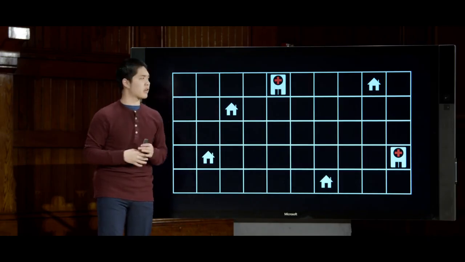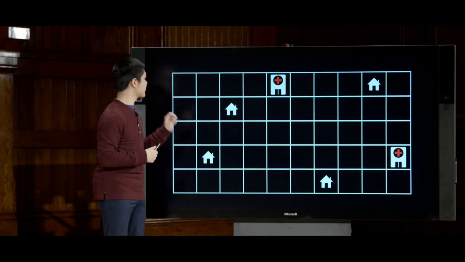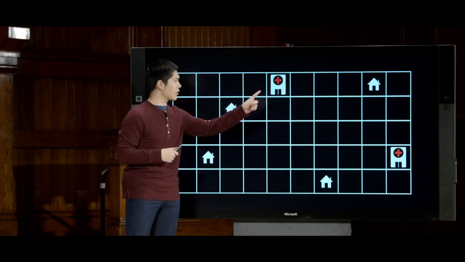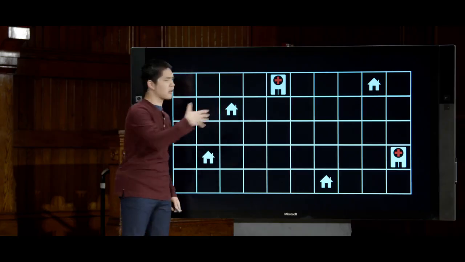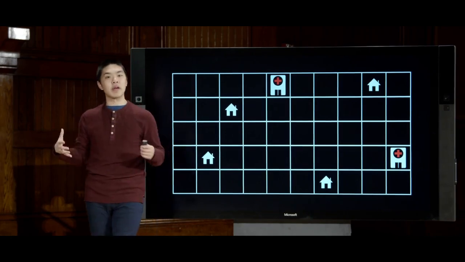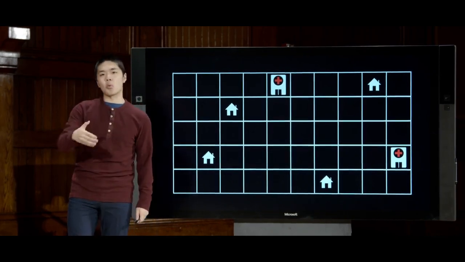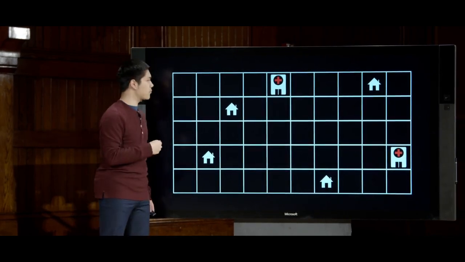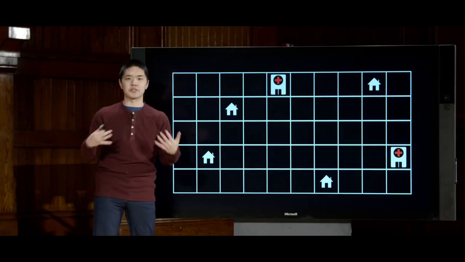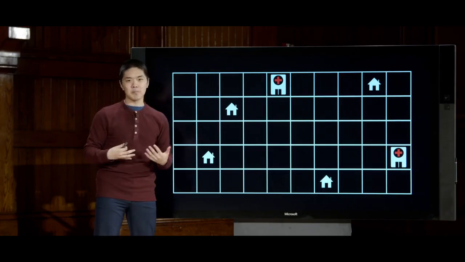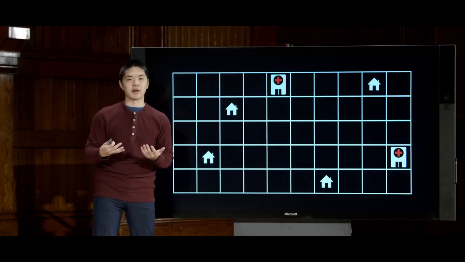And our objective in this case is to try and minimize the distance of any of the houses from a hospital. So you might imagine, all right, what's the distance from each of the houses to their nearest hospital? There are a number of ways we could calculate that distance. But one way is using a heuristic we've looked at before, which is the Manhattan distance, this idea of how many rows and columns would you have to move inside of this grid layout in order to get to a hospital, for example.